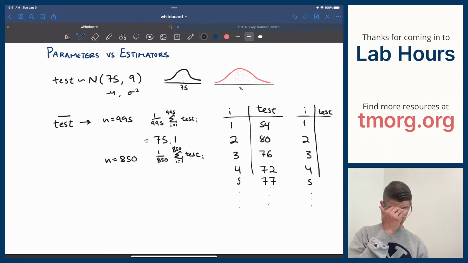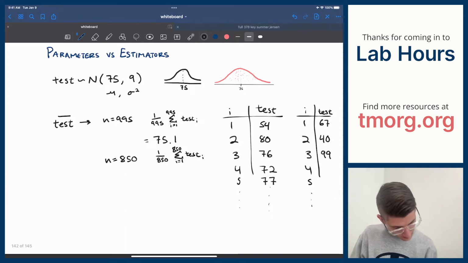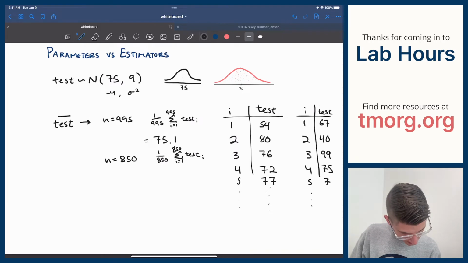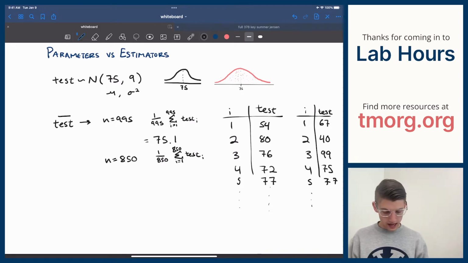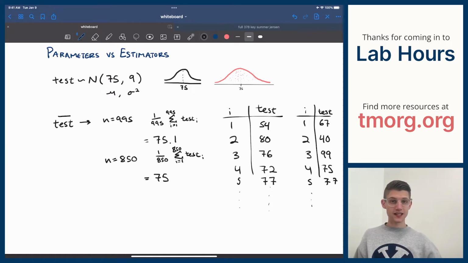And our scores were like 67, 40, 99, 75, 77, something like that. And this time I find test bar to be 75, just straight even on the dot. Cool, that's great.